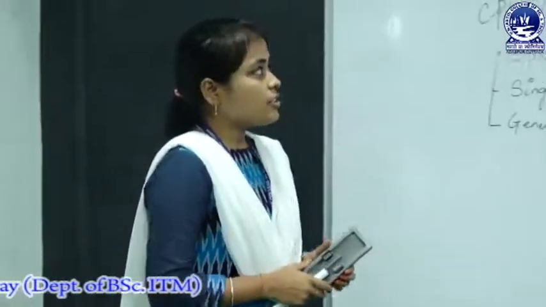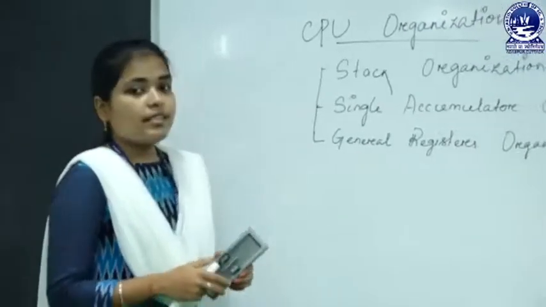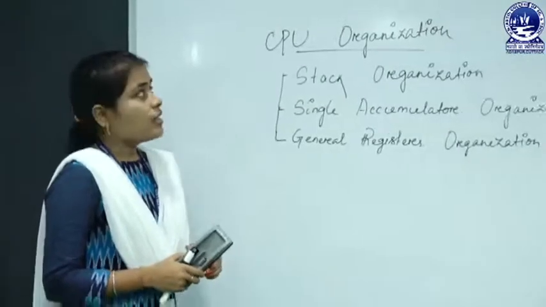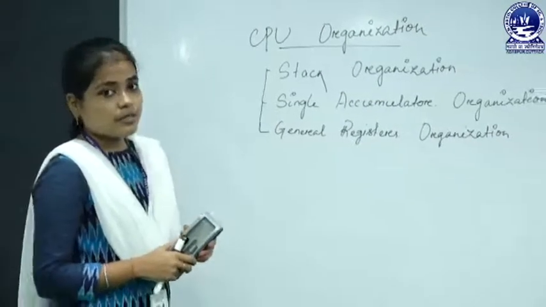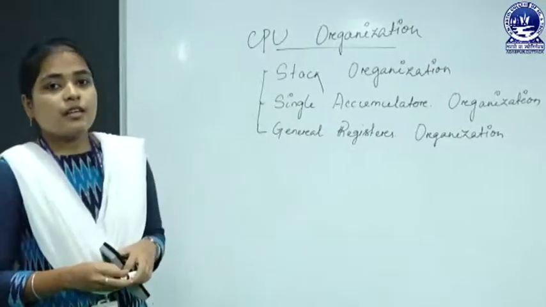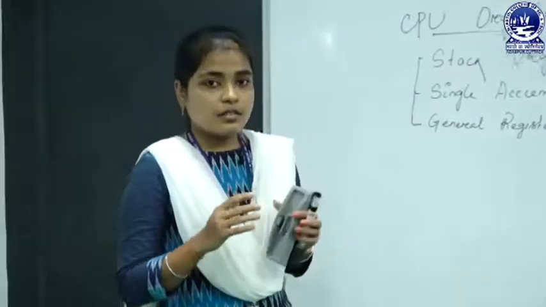So, in today's lecture, we are going to discuss another concept of computer organization, that is basic instruction types. What we know is that a computer understands machine level language, that is 0s and 1s.